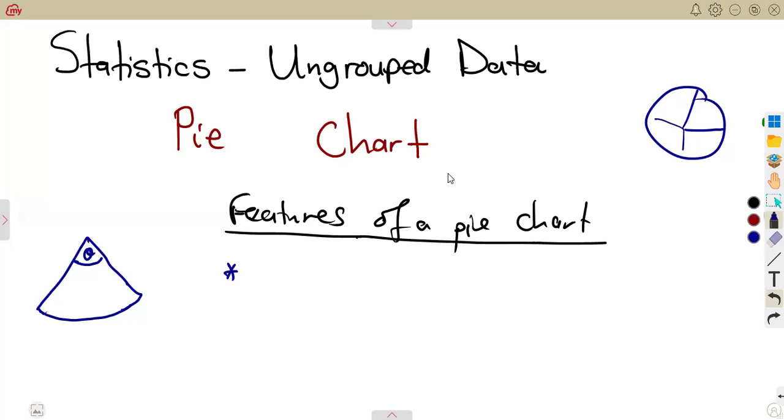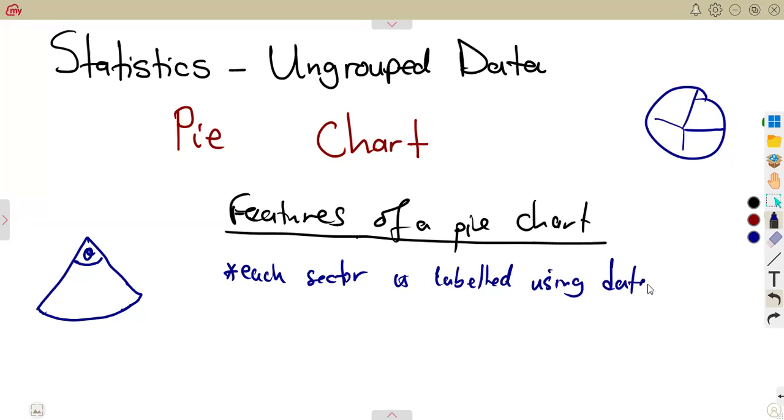Each sector is labeled using the information it is representing. Remember I talked of its angle there. So each sector is labeled using the data it is representing.